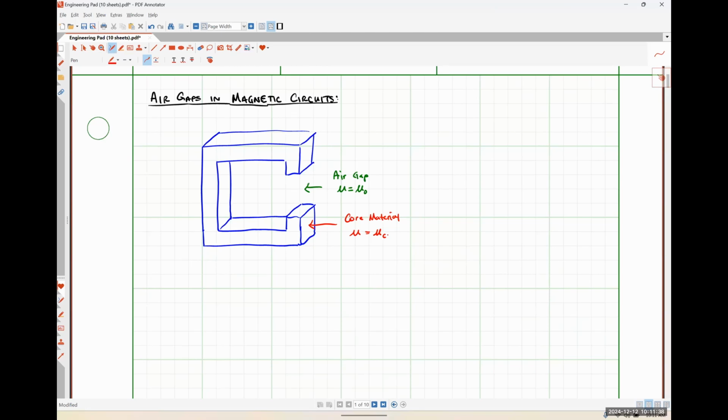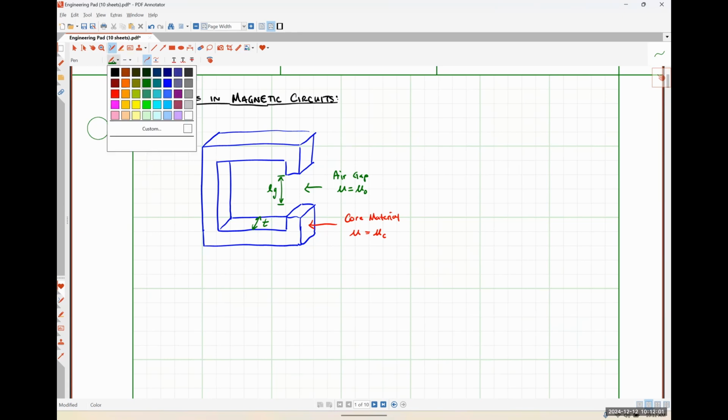So this dimension is going to be the length of our air gap, which I'll call simply L subscript G. We've got our thickness, T, and then we have our other dimensions of our core that we'll talk about in a little bit.